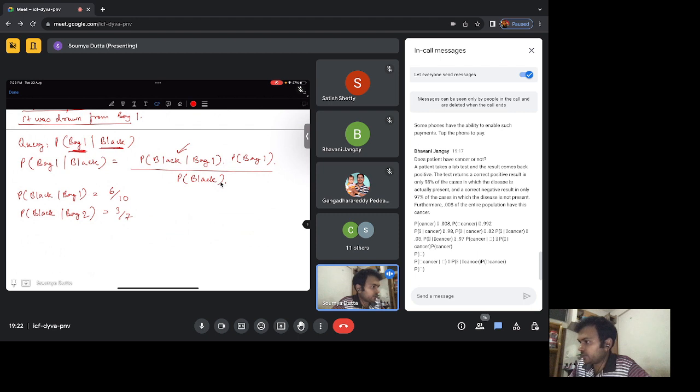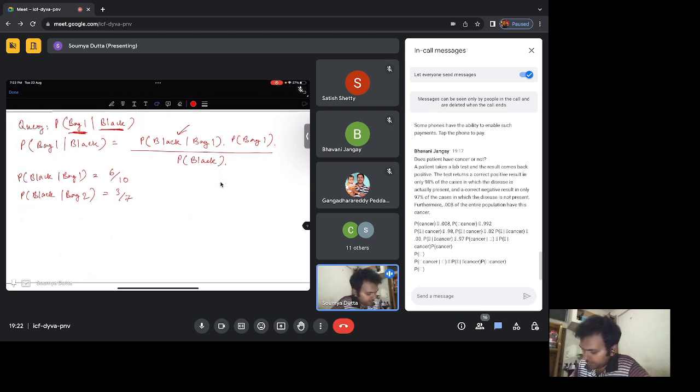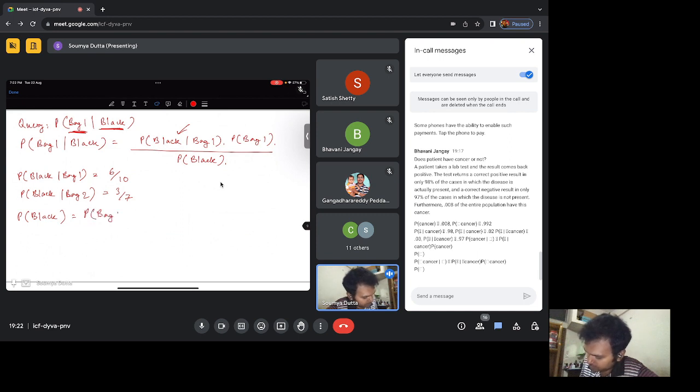So what is P of black? What is the probability of you picking a black ball? The first thing you need to remember is you can choose bag 1. Now that you have chosen bag 1, what is the probability of picking up a black ball? Or another way you can pick a black ball is you have chosen bag 2 and now you have picked a black ball from bag 2.